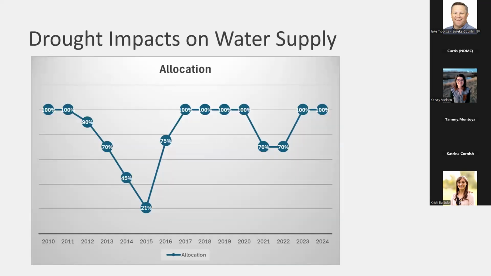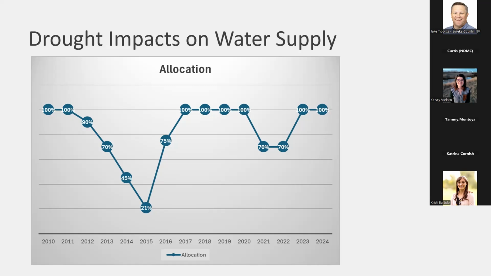So the impact that we feel when we have a drought, as you can see, this is just kind of a timeline of when we see 100% allocation during the good years, and we go through drought cycles. And as you can see, it was very difficult back in 2015 when we were at a 21% allocation for our water users. And that was basically turn it on, charge the canal, let them irrigate once, and that was it. You had to turn it off.